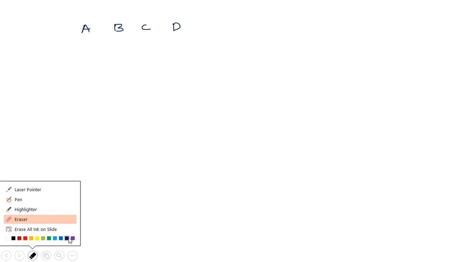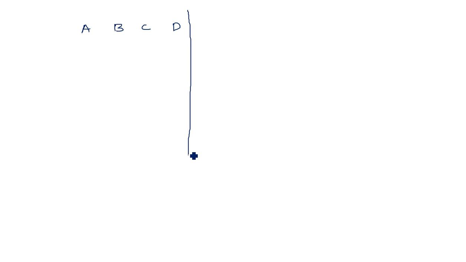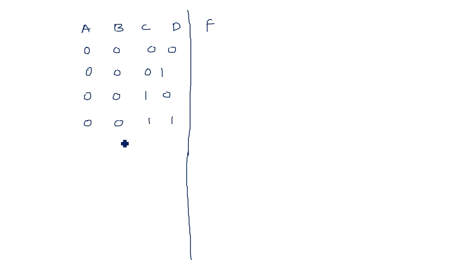With A, B, C and D, we have the output f, listing the rows from 0000 up to 1111.